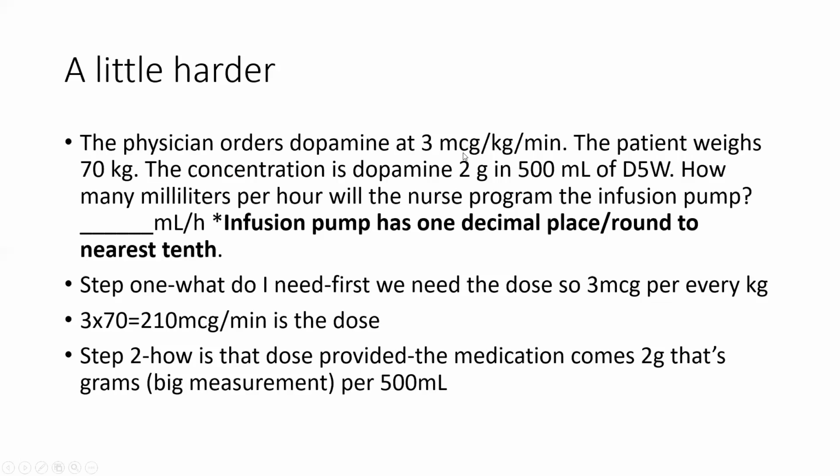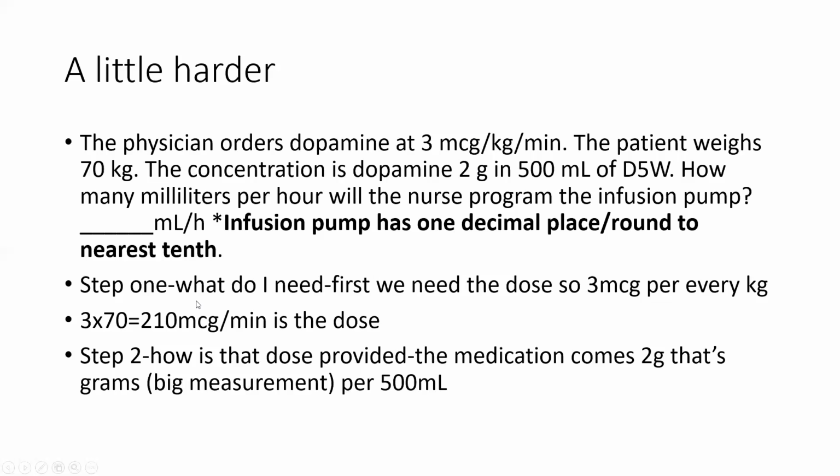So we have our order here, but we don't really know what the total dose is because we have to calculate that. Well, this is good. They gave us the kilograms already, so we don't have to convert pounds to kilograms. But look at this concentration. I've got a dosing recommendation in micrograms, but it's coming in the bag in grams. This is tiny. This is huge.